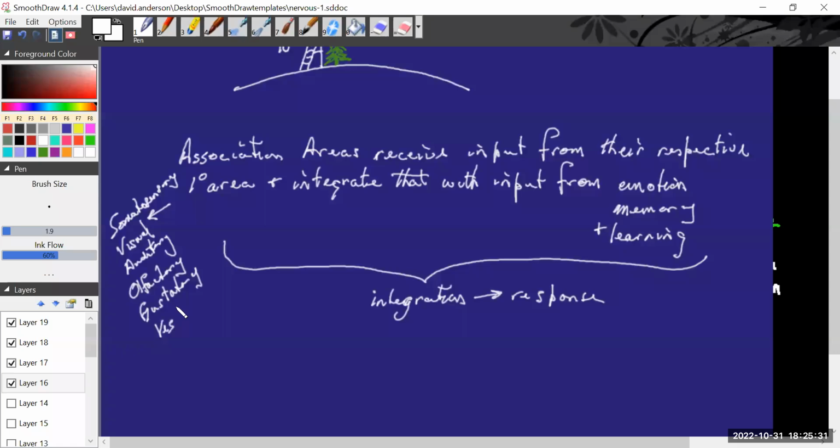And vestibular. So remember, vestibular was a fancy word for balance. So those are all your senses accounted for. So there's a primary for all of these sensations, and there's going to be an association area specific to each, with a similar responsibility, integration of emotion, memory, and learning that's going to give each of us our unique response to sometimes the same primary data.